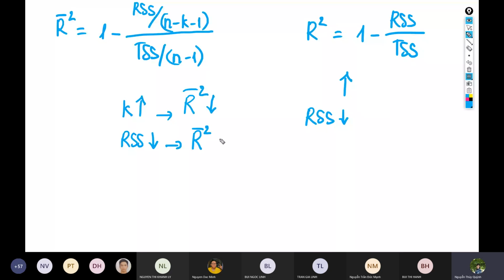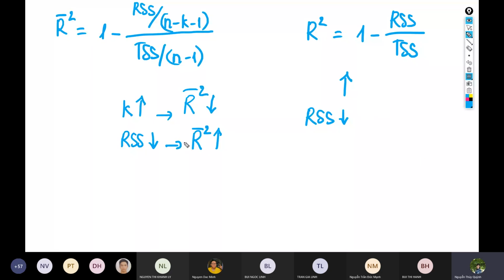When IS decrease, what happened to the adjusted coefficient of determination? It will increase, of course. So you can see that there are two effects on the value of the adjusted R square when we add more independent variables into the model.